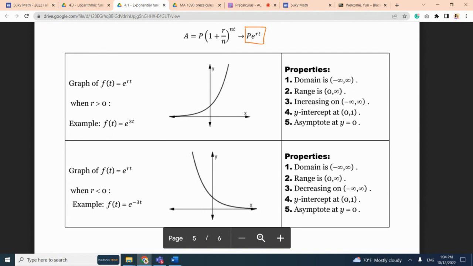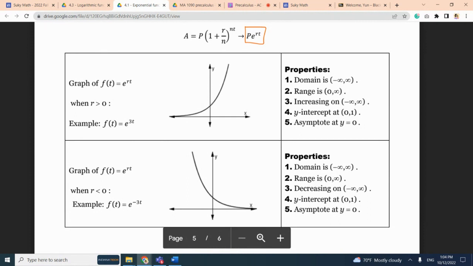And this number is less than 1? Yeah? This number is less than 1. So remember, if the base is less than 1, we have a decreasing function. Therefore, look at the R. If R is positive, we have an increasing function. If R is negative, we have a decreasing function. Yes, everybody?